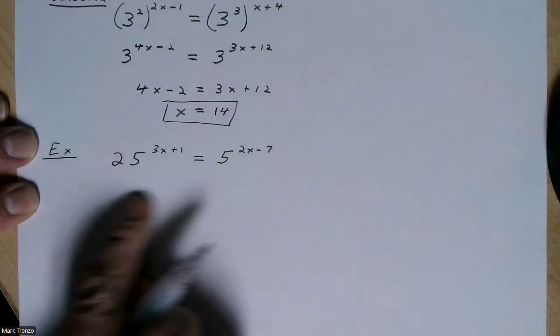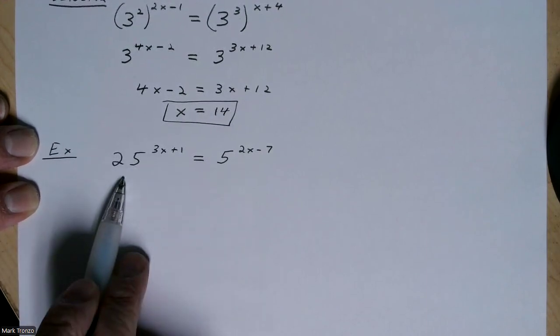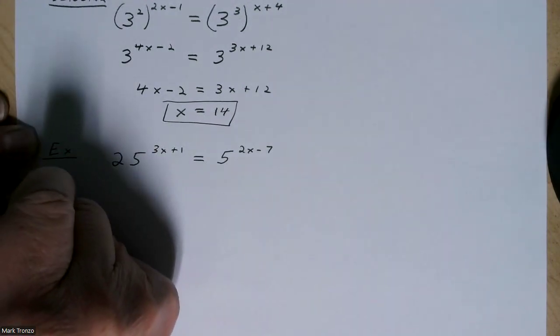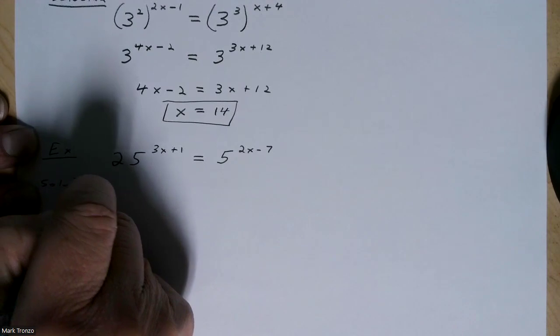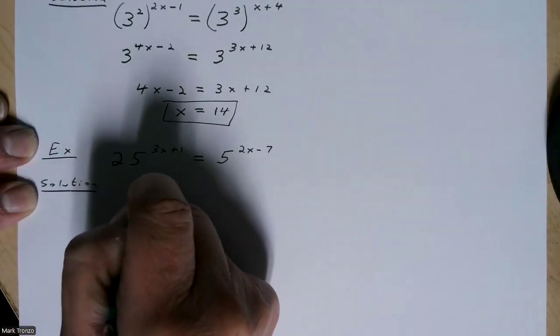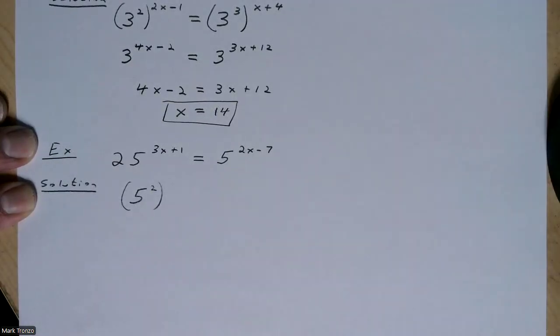Once again, the bases aren't the same, but here we have a 5. We can turn this into 5 squared. So this will be 5 squared. That replaced our 25.